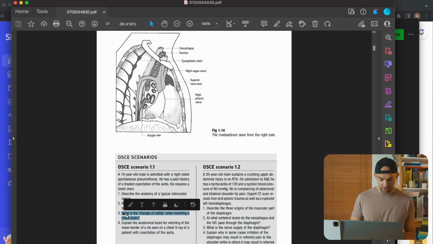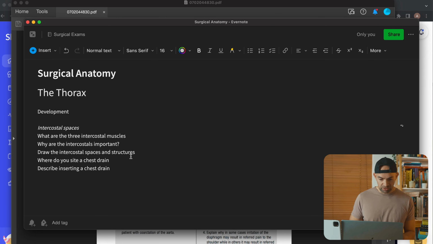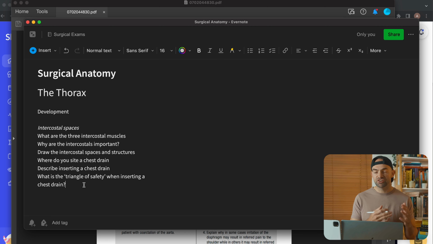Let's pop it in my Evernote. Let's copy that and pop it in. It's related to what we're learning here, so it stays in the same subcategory and schema, which is building things up. And suddenly I've got this new concept, the triangle of safety, related to chest drain, which is in turn related to intercostals, which is related to thorax, which is in the anatomy section of my surgical MRCS revision. So I've got that context built up.